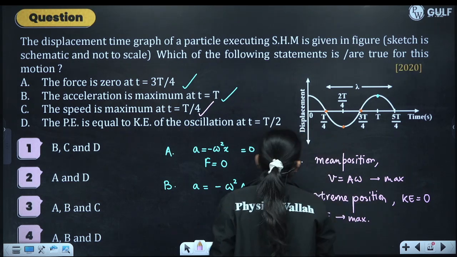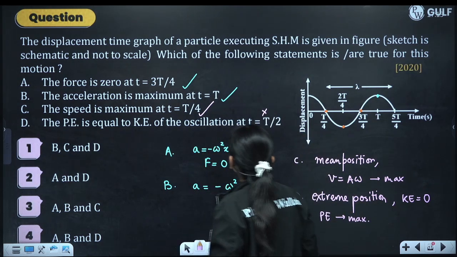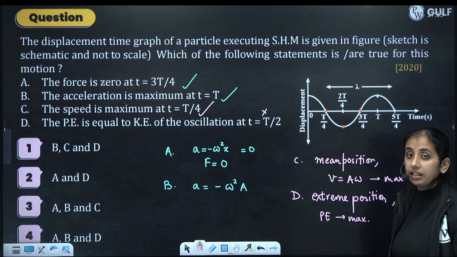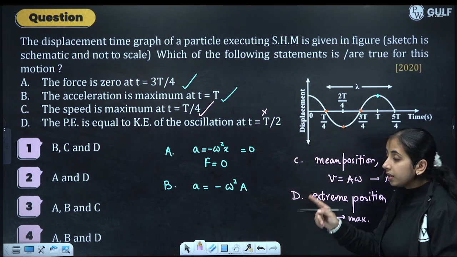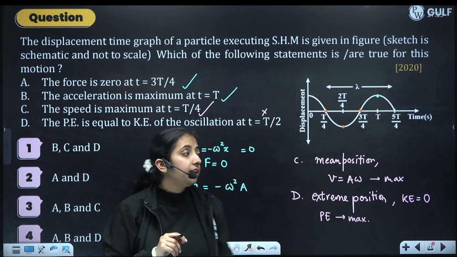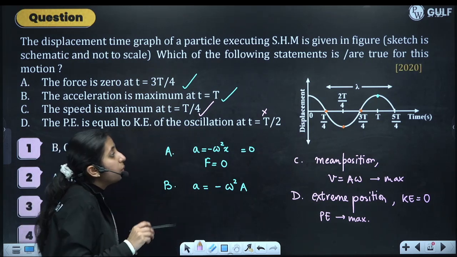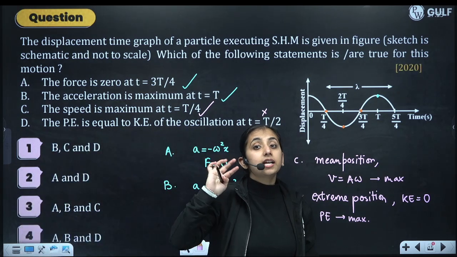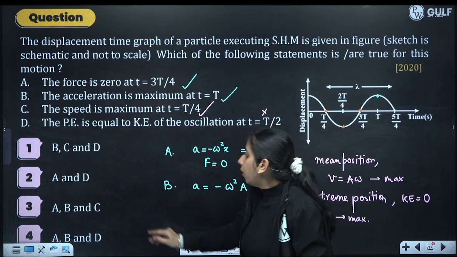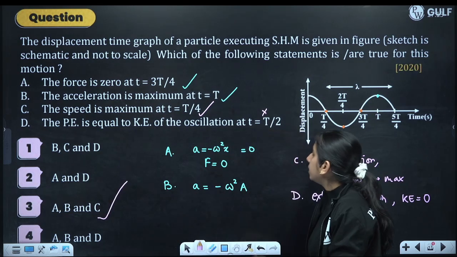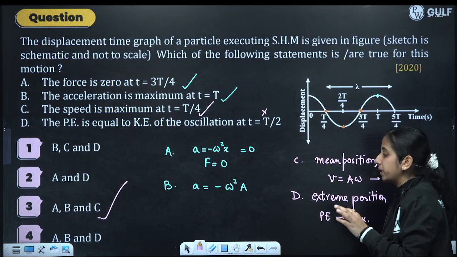The last statement D is incorrect. Potential energy is not equal to kinetic energy at T by 2. So A, B and C statements are correct. Option number 3 will be the answer.